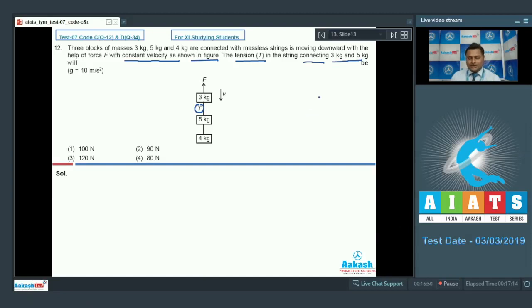The object is moving with constant velocity. We can say that the acceleration of the system is what? 0, and therefore the net force acting on the system is what? 0. If there is no acceleration, then there must be no net force, or there must be balanced forces. So with the help of this concept, the net upward must be equal to the net downward.